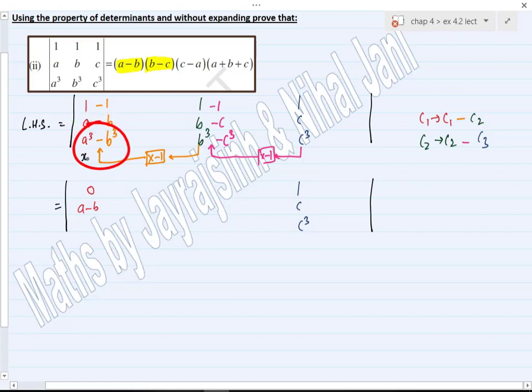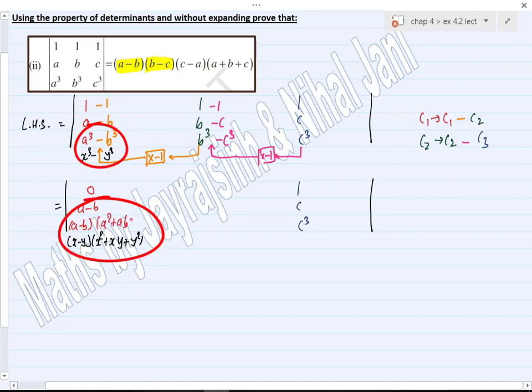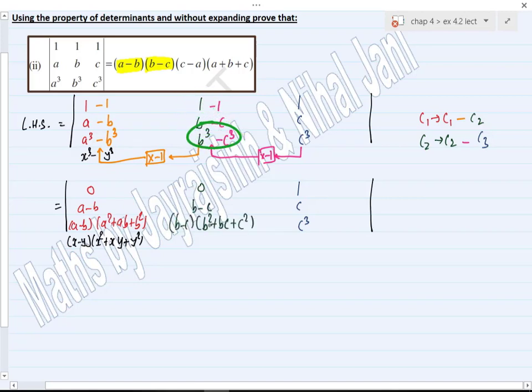If we apply the formula of x cube minus y cube, which has the factors x minus y, x square plus xy plus y square, then it will be a minus b, a square plus ab plus b square. Here, similarly, your second column will be 0, b minus c and b minus c, b square plus bc plus c square.